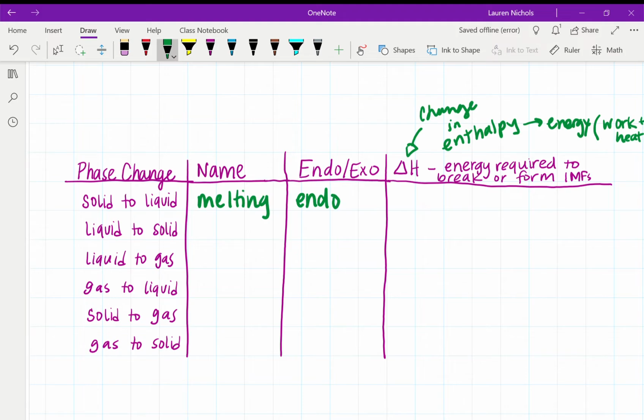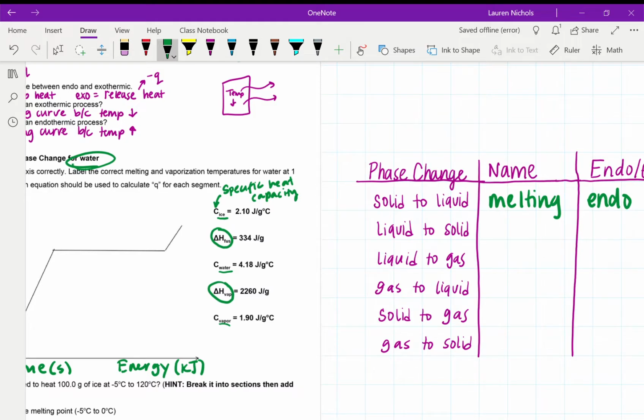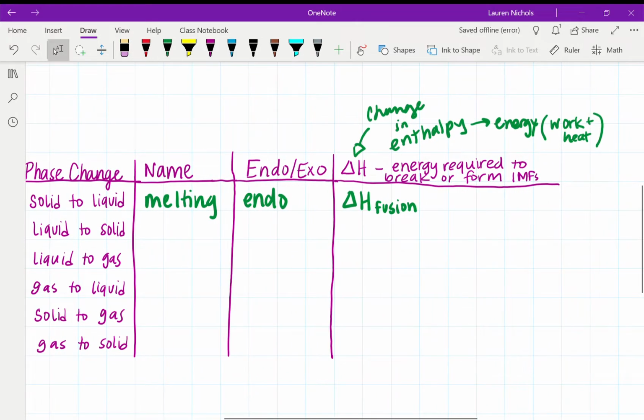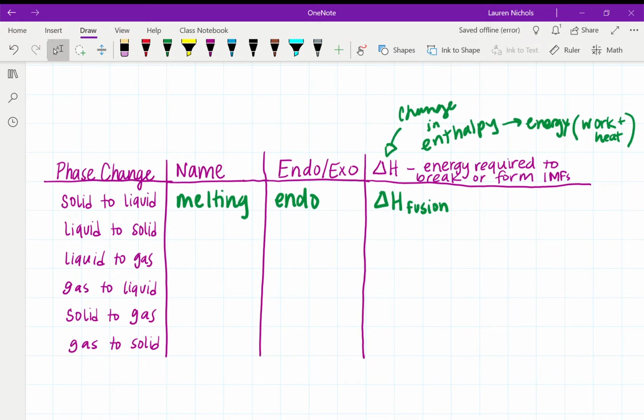We call its change in enthalpy delta H of fusion, which we saw on our graph was abbreviated as FUS. Delta H of fusion is used for both melting and freezing, but for melting, our delta H of fusion is positive because it is endothermic.